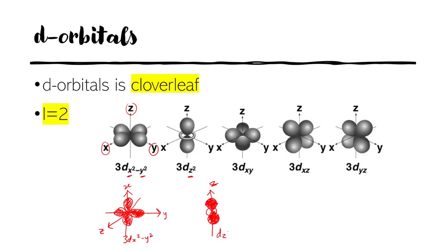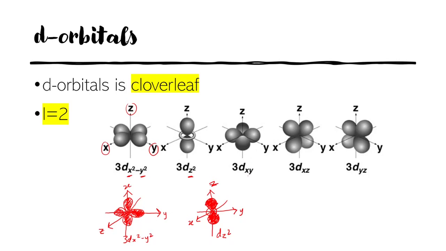This is your dz square. To complete the 3D structure, just put maybe that one is y, and this one can be x. It doesn't matter, because this is 3D, you can rotate it around. 3D has three axes, x, y, z, and you can rotate it.